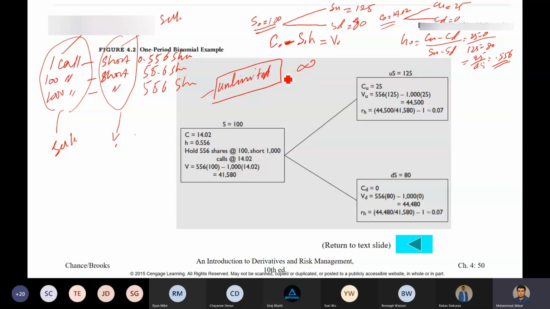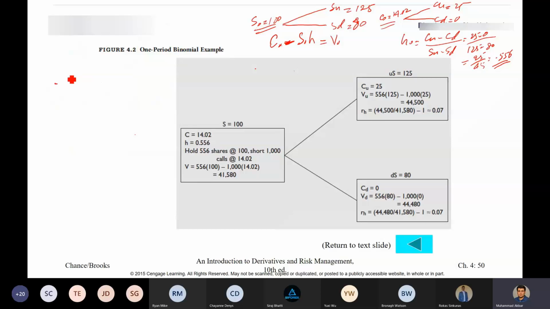And if that happens, the gains of the buyer of the call will be unlimited, and the losses of the call writer will be unlimited. To hedge against this risk, the dealer needs to hedge by buying shares, because he has a short position in the call. He needs to buy the shares.